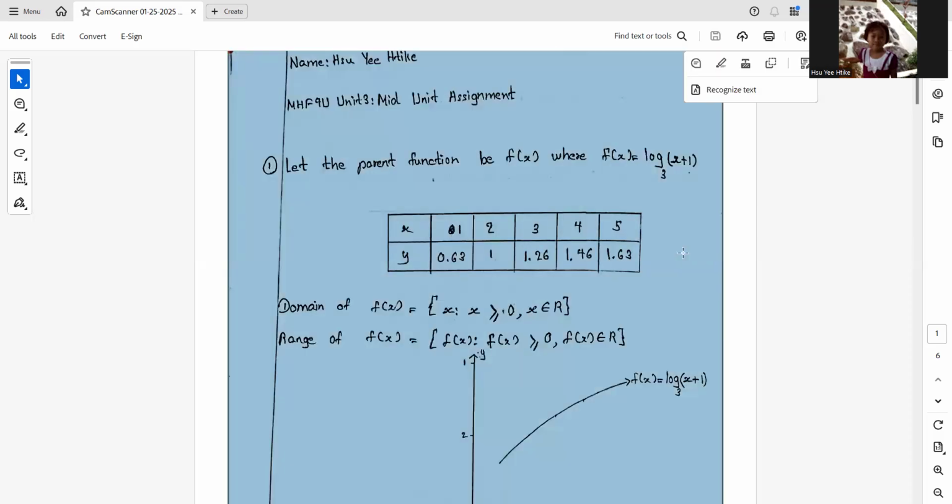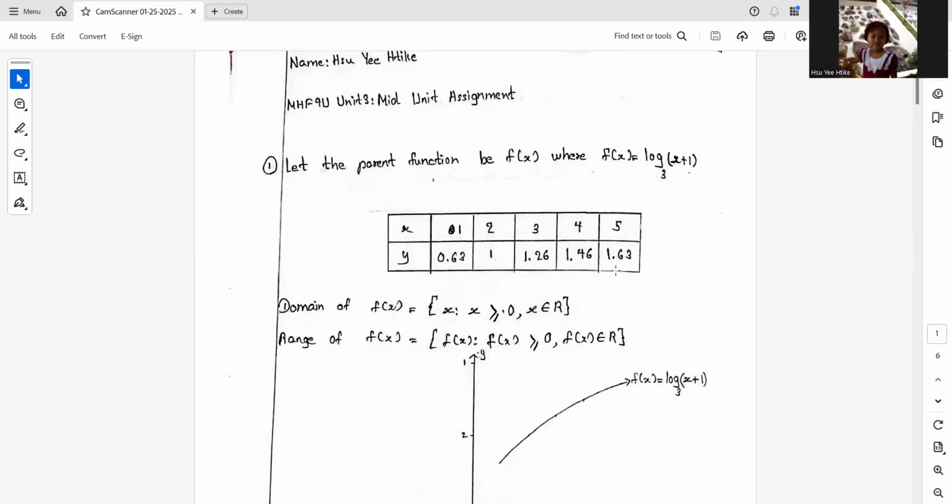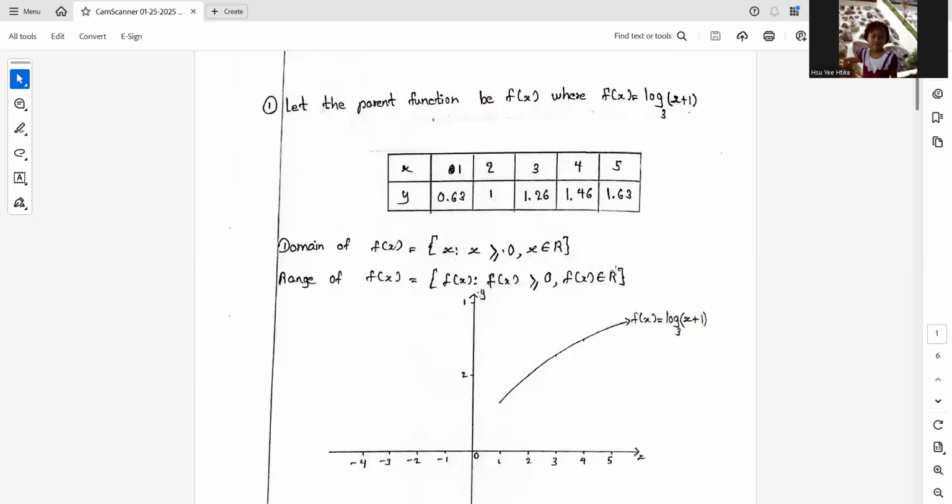For the domain of f of x, we got x greater than or equal to 0 and x belongs to real numbers. For the range of the parent function, f of x must be greater than or equal to 0 and f of x belongs to R.